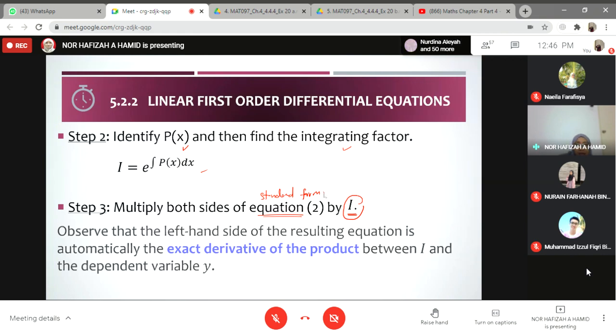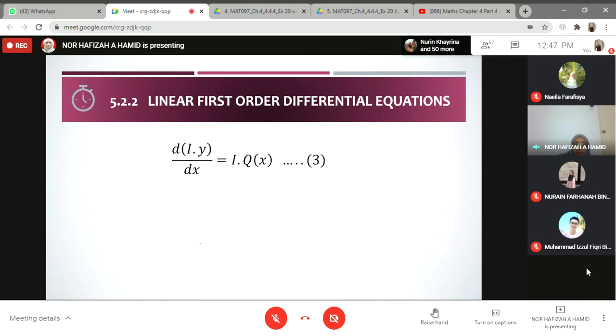So observe that the left hand side of the resulting equation is the exact derivative of the product between integrating factor and dependent variables. Dia tak semestinya y, maknanya integrating factor times with the dependent variables. Okay. So ini untuk you punya left hand side. So after you multiply tadi, you will derive you punya product rule.